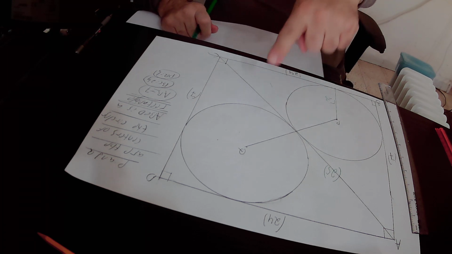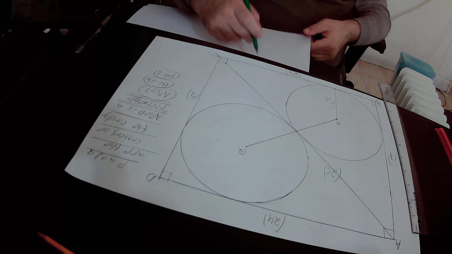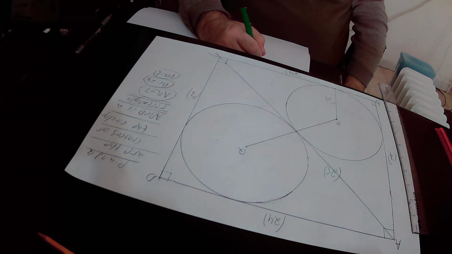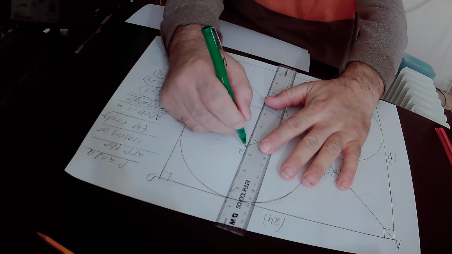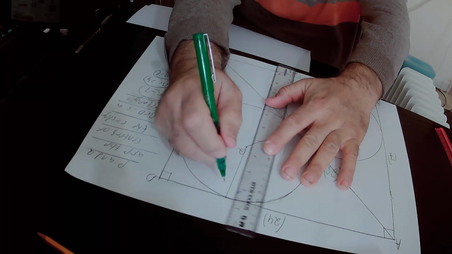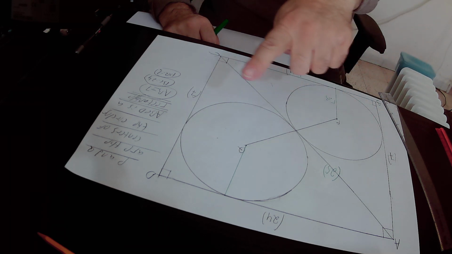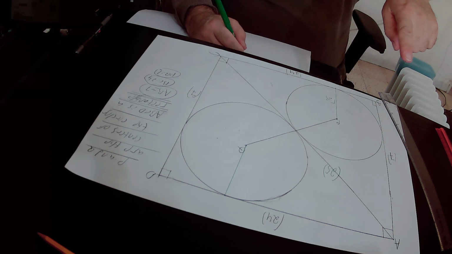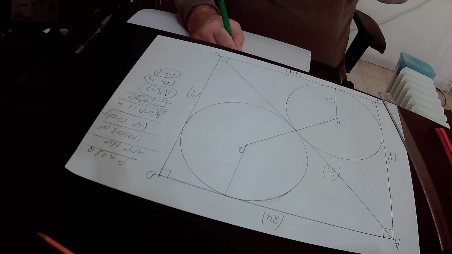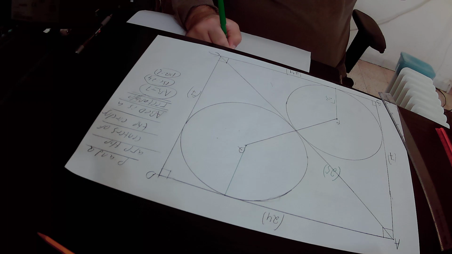Likewise, we find out the radius of this circle, the right circle that is bounded by the right triangle CDA. The radius R must be equal to 24 plus 7, that is the sum of the side lengths, minus the length of the hypotenuse, that is 25, over 2.